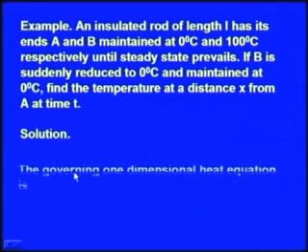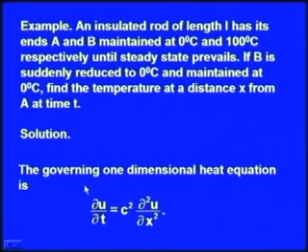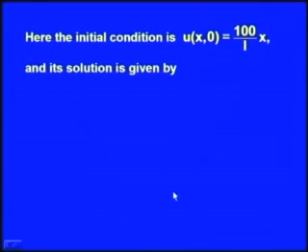Now, we know the governing one dimensional heat equation, it is delta U over delta t equal to c square delta square U over delta x square, and the initial condition here is that u x 0 is u naught x by L. We have seen that u naught is 100 here.